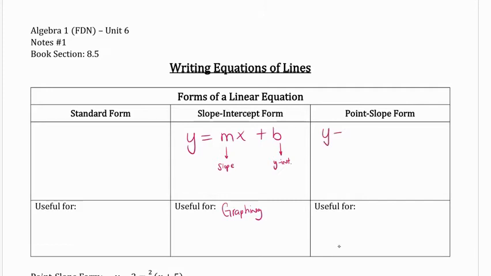It's y minus y1 equals m times x minus x1, right? And in this one, the y and the x just stay as they are, but the m still stands for slope, just like in slope-intercept. And then the x1 and the y1 are coordinates of a point, right? So we've got a point that is x1, y1.